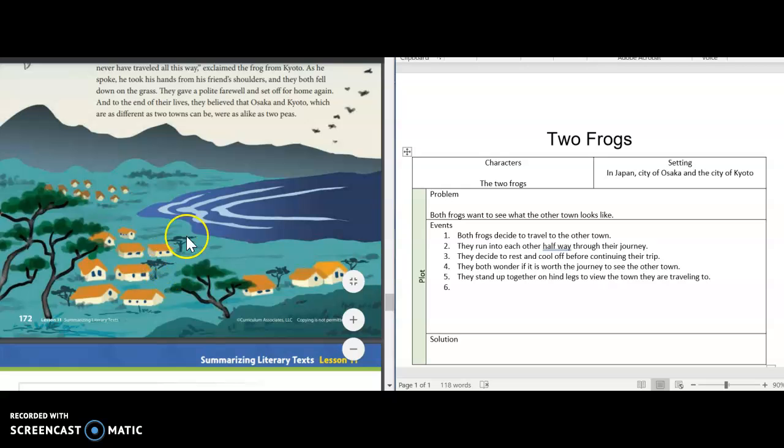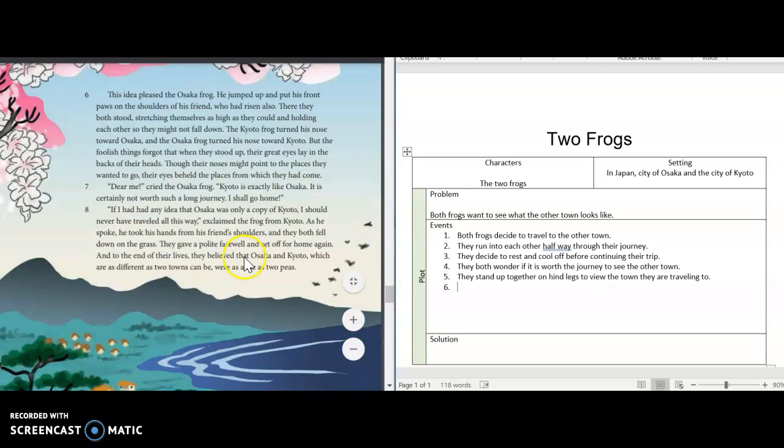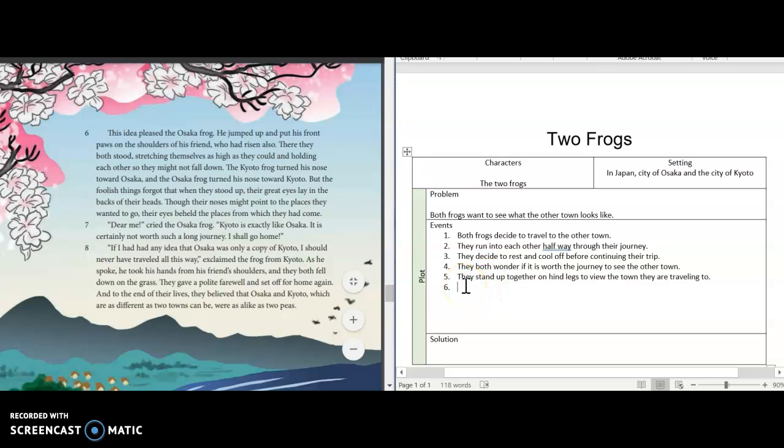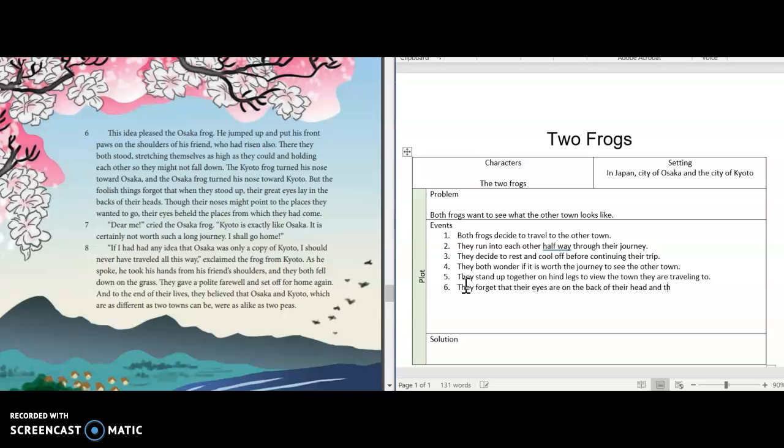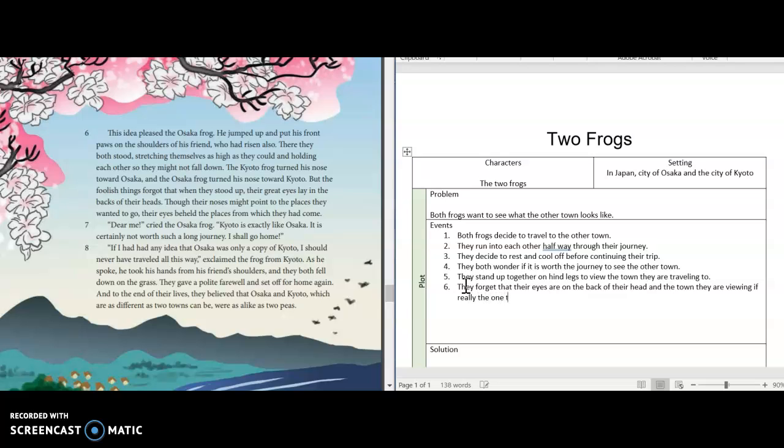The one who lives here in Kyoto is actually viewing his own hometown. So that kind of poses a problem for our frogs. They forget that their eyes are on the back of their head. And the town they are viewing is really the one they live in.